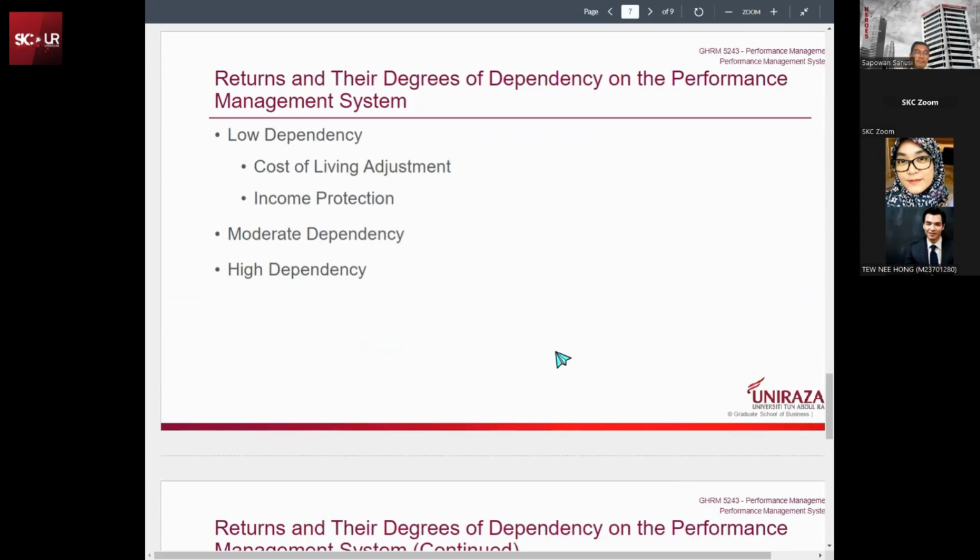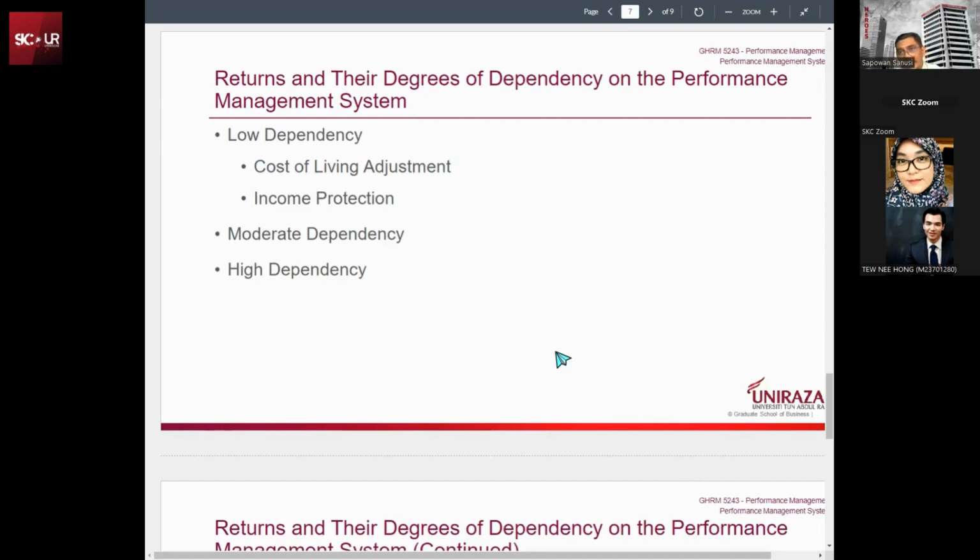You look in the company, if they're focusing on cost of living adjustment and income protection, meaning that the company don't actually put their focus on having a good reward system, a good performance management system, because they're only using the cost of living adjustment, COLA, okay?